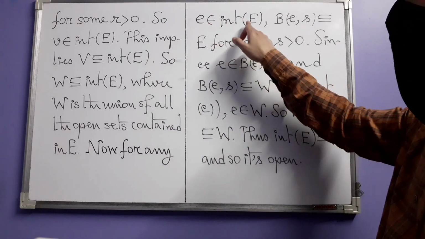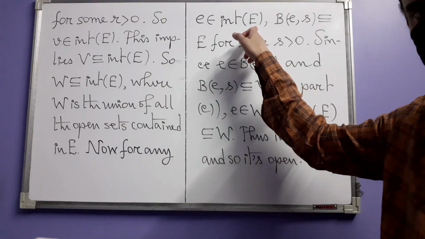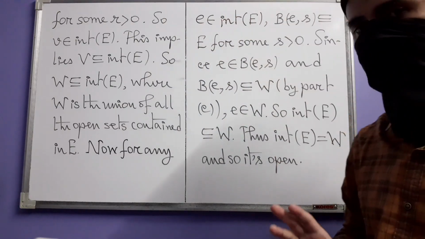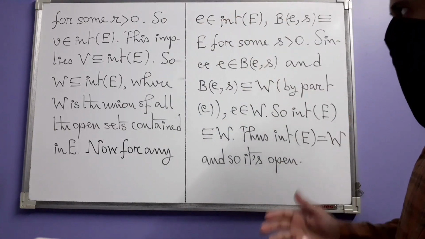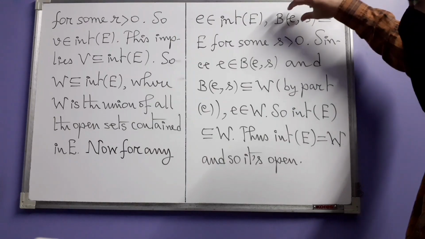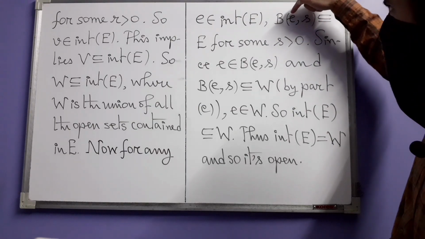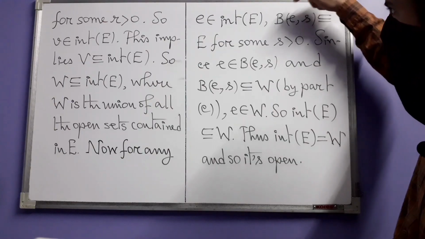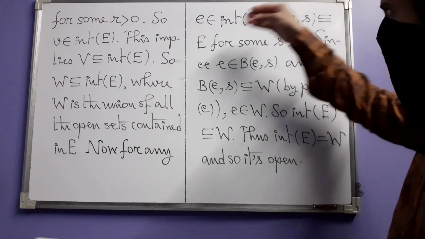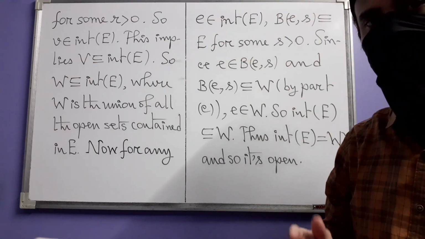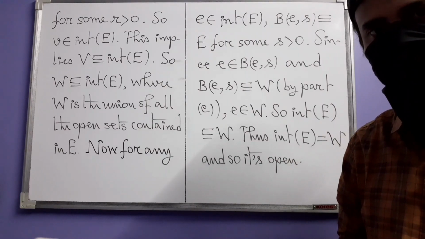Small e being in the interior of capital E means that small e is an interior point of E, and that just means existence of such an open ball, such a ball centered at that point e having some radius which is entirely contained in E. This is what being an interior point means by definition.